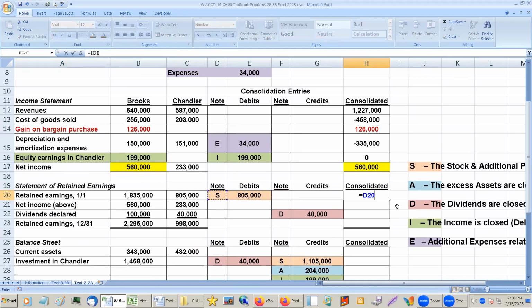Only thing left here is the parent. Income. Dividends.